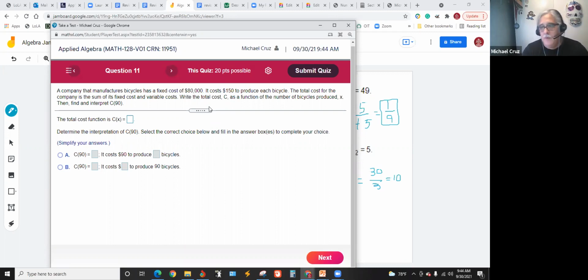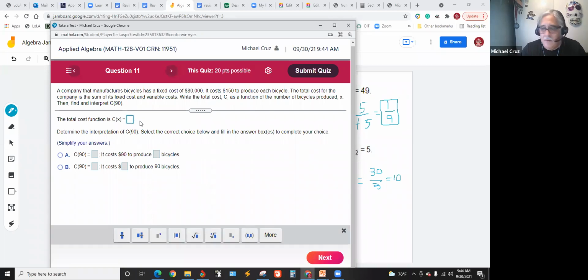So what we got is it's going to be 80 no matter what. Plus, so the total cost of the company is its fixed cost plus what it says sum, which means add, and variable cost.